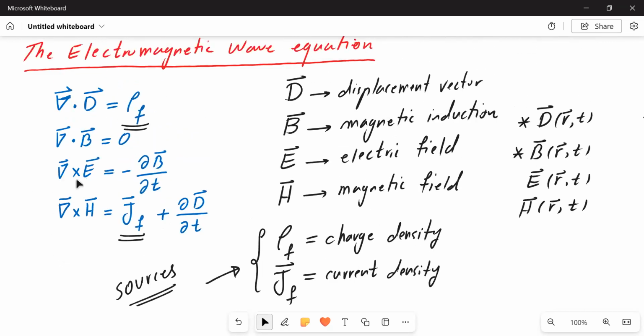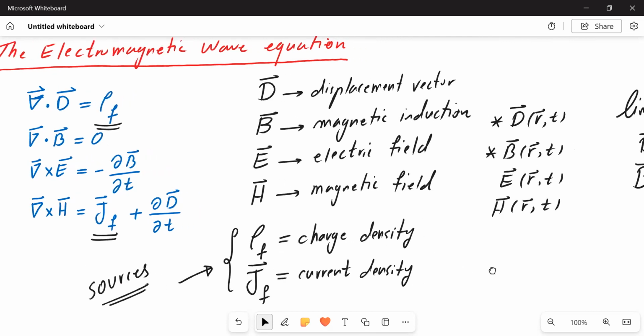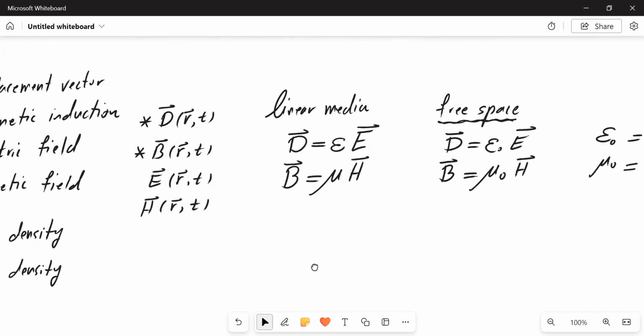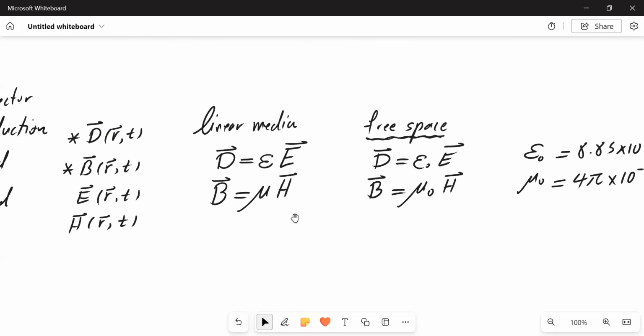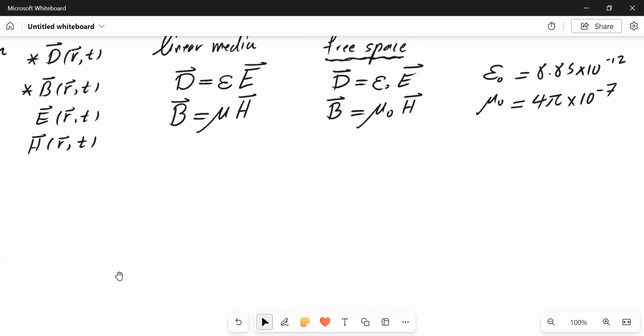Because the third and fourth equations tell us that the fields themselves can be treated as sources of E and H. Now, if we consider free space, or let's say vacuum, in a region in which there are no sources of charge and current, then in that case the four Maxwell equations would take this simple form.